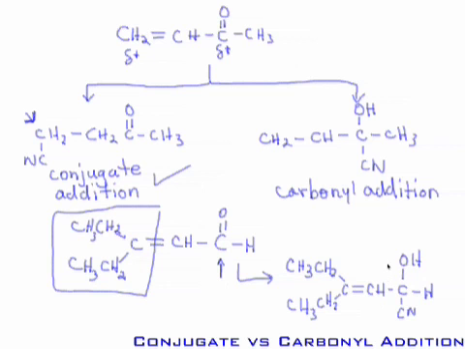You can imagine a scenario where instead of cyanide, we use CN as our reagent. I'm going to replace CN this time, and I'm going to use instead lithium dimethyl cuprate.